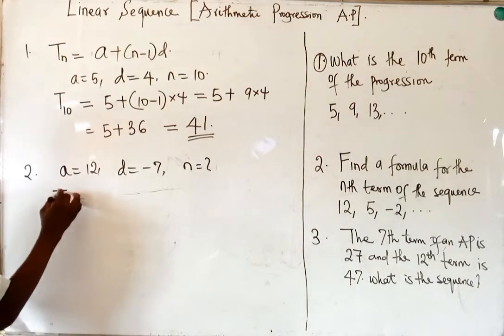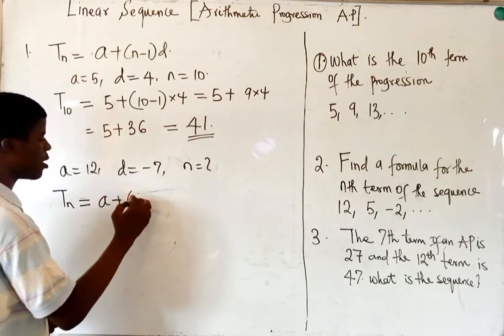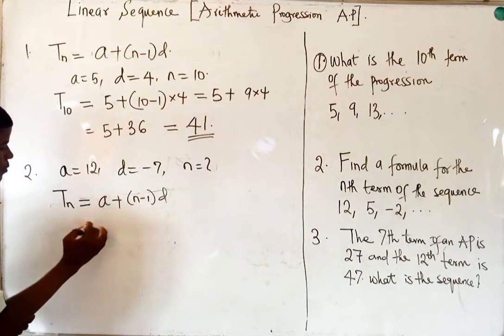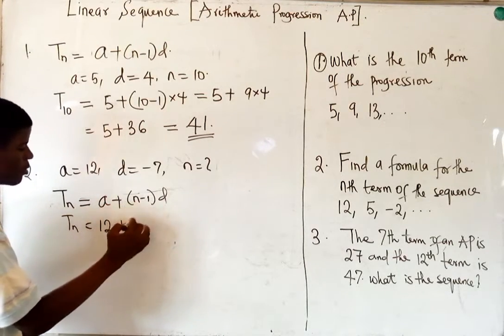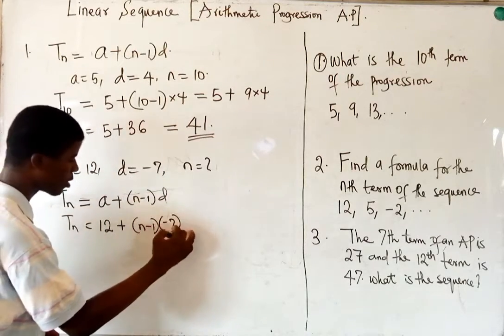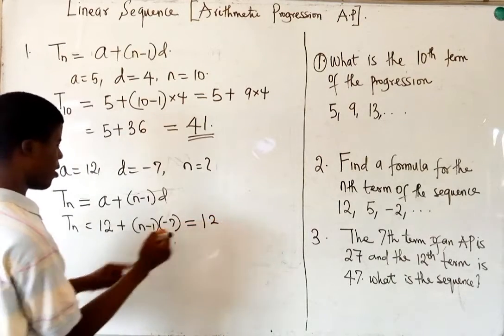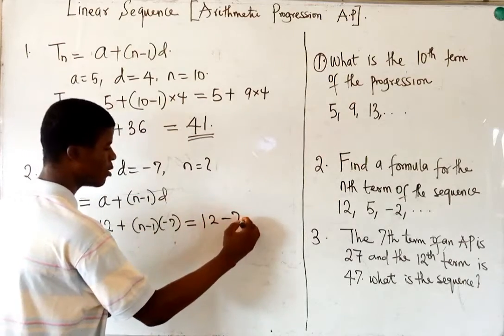So our formula says Tn is equal to what? A plus n minus 1 d. A is 12 plus n, we don't know, d is minus 7. So this gives us 12, then minus 7 times n is minus 7n.